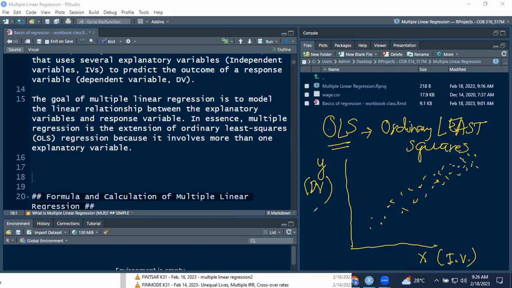How do we create a model so that we're able to explain y using x, and predict y using x? In order to do that, we have to come up with a mathematical model, and that model is called your regression.